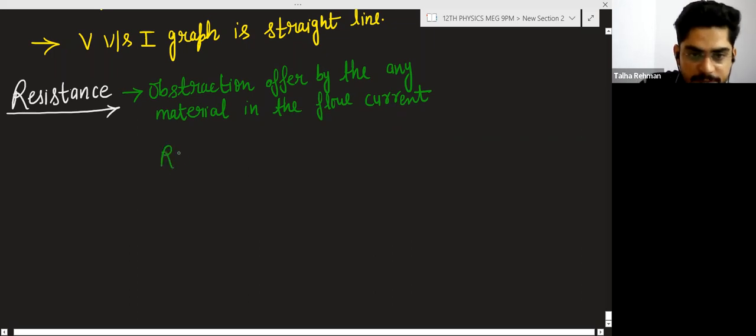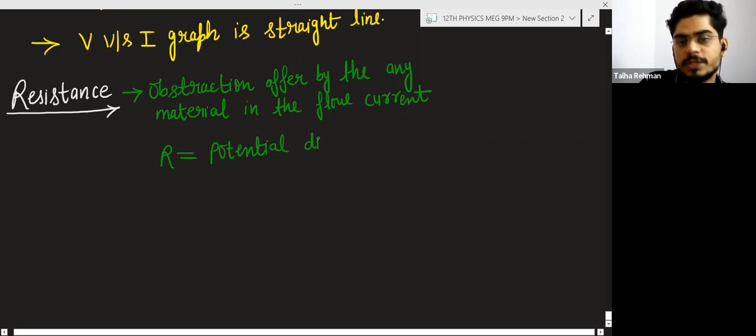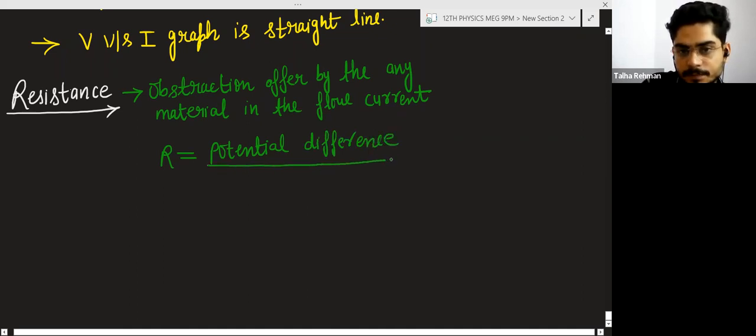And resistance is given by the potential difference divided by the current. R is equal to V divided by I, where I is current.